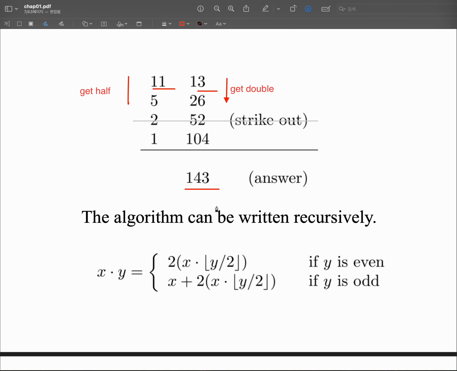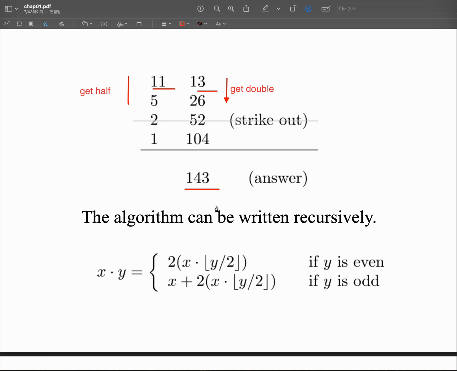For this method, you don't have to memorize multiplication like 7 times 9 or 6 times 4. You just double and get half. That is simple.